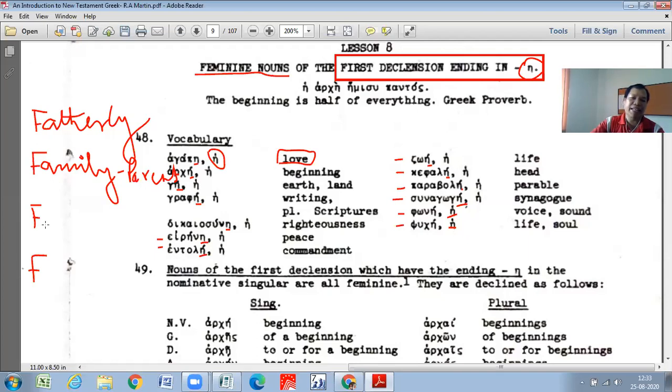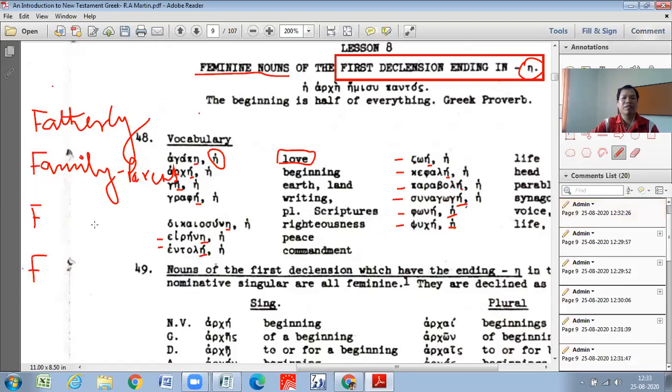And then the next, I call it friendly love. That is phileo. And then the next, I call it fleshly love.